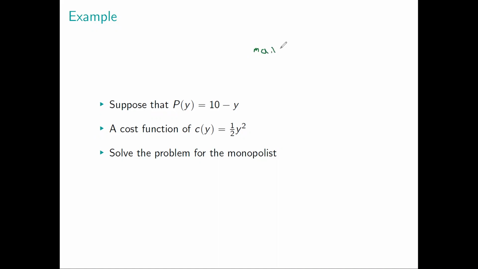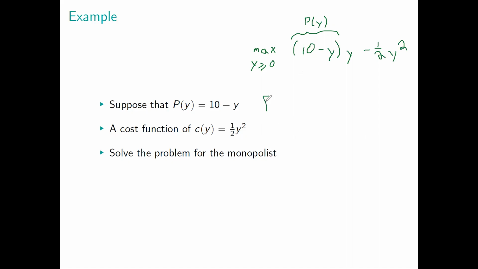This is going to be max (10 minus y) times y minus 1/2 y squared. Right, so this here is the inverse demand function. And then again, we're going to have this restriction y is greater than or equal to 0, but we're not going to worry about it too much for this section.